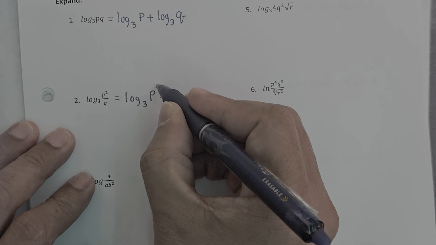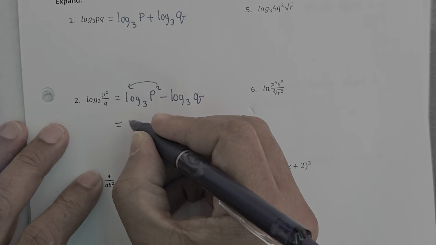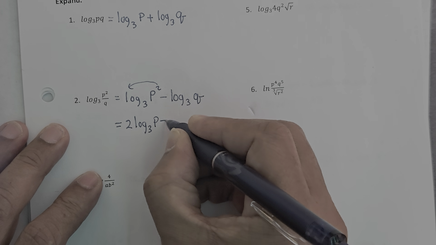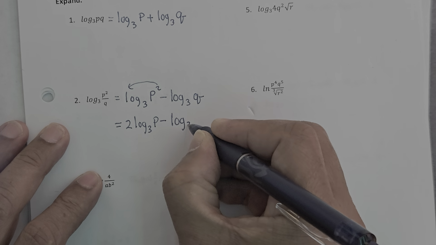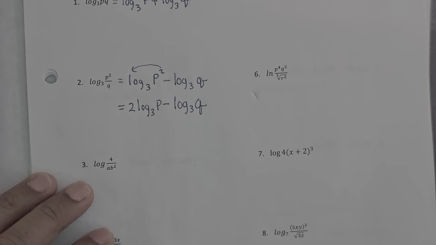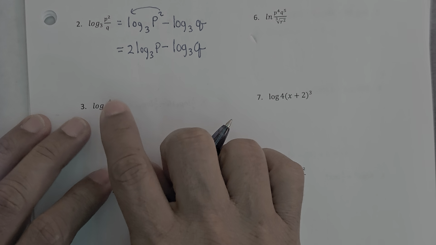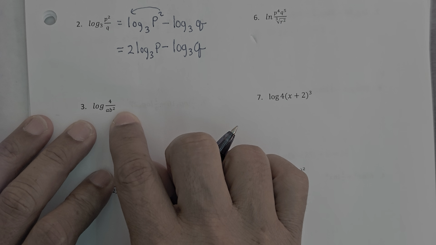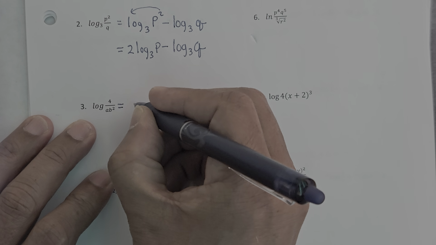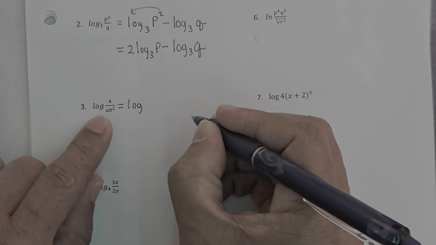Then I'm going to apply the power rule. So this is 2 times the log base 3 of p minus log base 3 of q. And this is the expansion of that problem. On the next example, we have again the quotient rule, but we have a and b in the denominator, and b has a power. When I expand, this is going to be expanded as common log, because if you don't see a base, don't forget it's implied to be base 10.